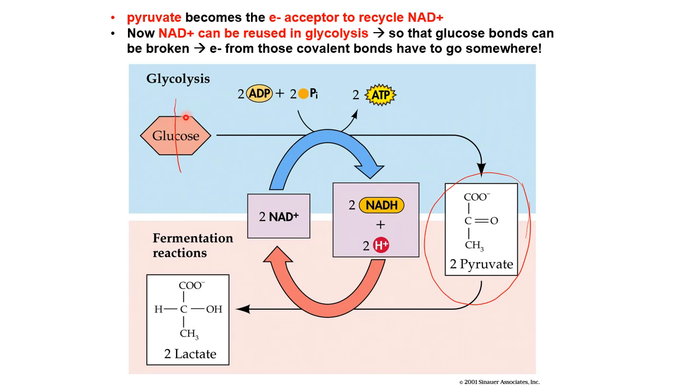Here's a covalent bond, here's a covalent bond. There are actually 2 covalent bonds that need to be broken, and those carry a lot of energy, okay? Breaking one of these bonds has enough energy to put a phosphate on ADP.